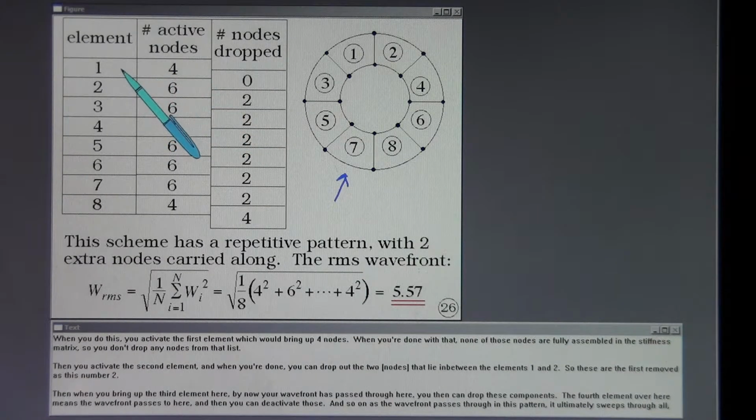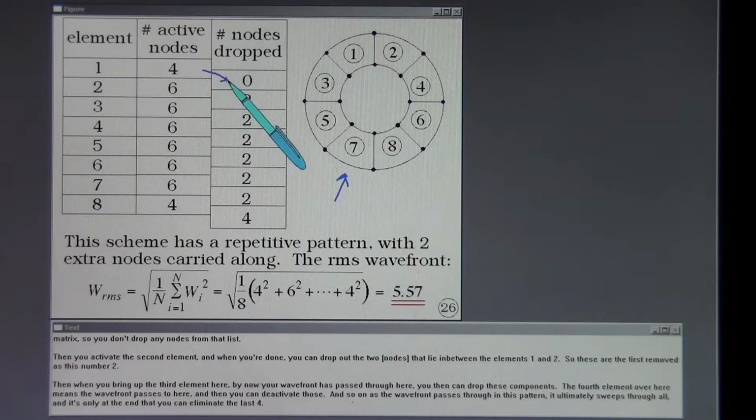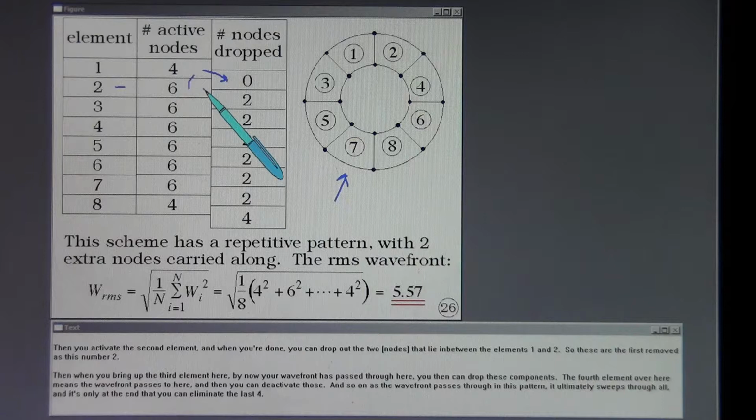activate the first element, which would bring up 4 nodes. When you're done with that, none of those nodes are fully assembled in the stiffness matrix, so you don't drop any nodes from that list. Then you activate the second element, and when you're done, you can drop out the 2 that lie in between the elements 1 and 2.